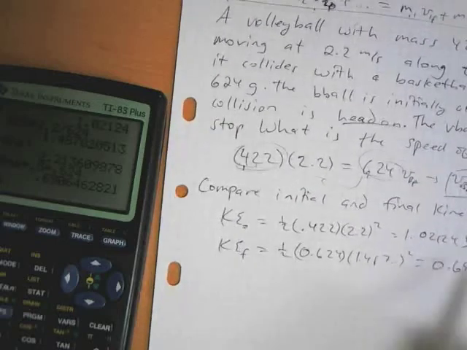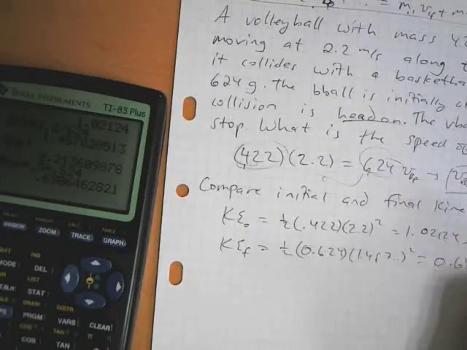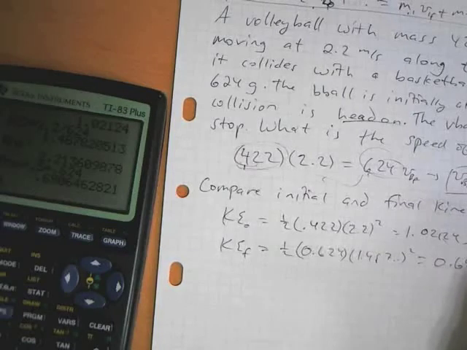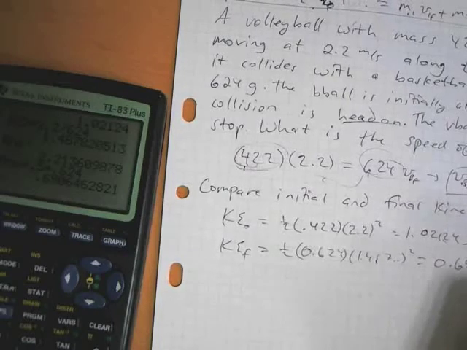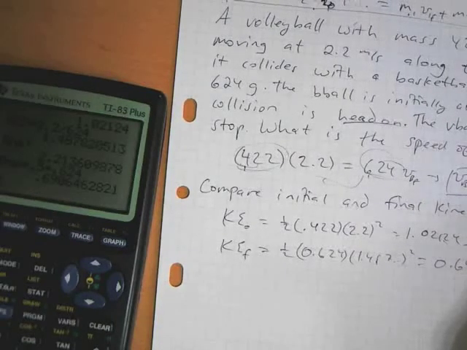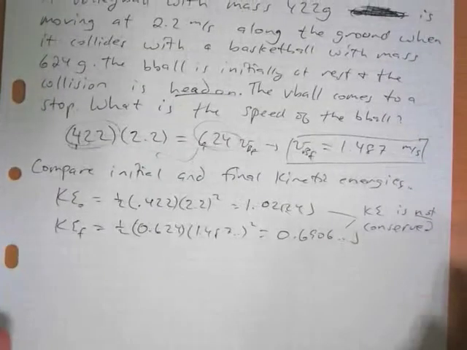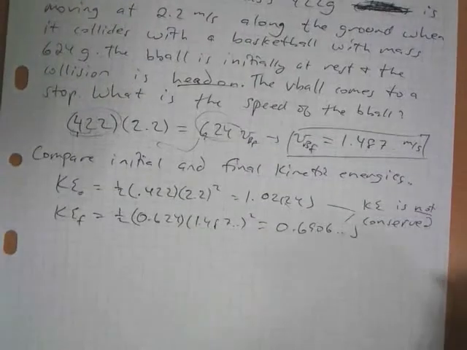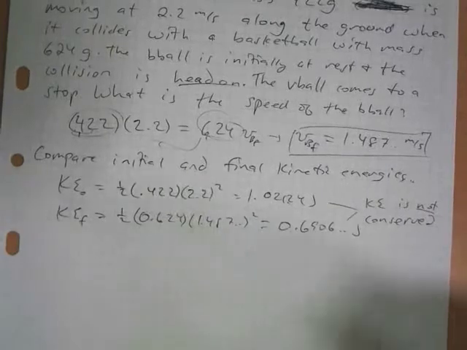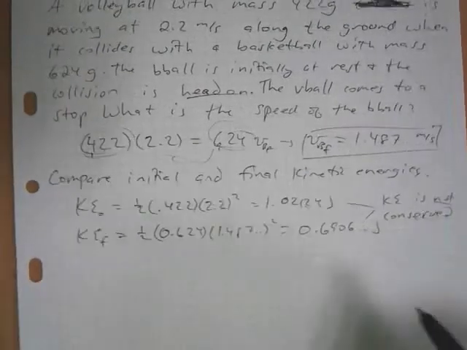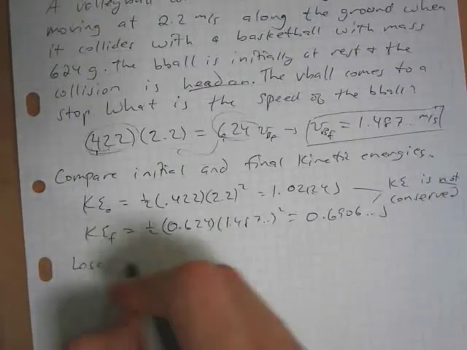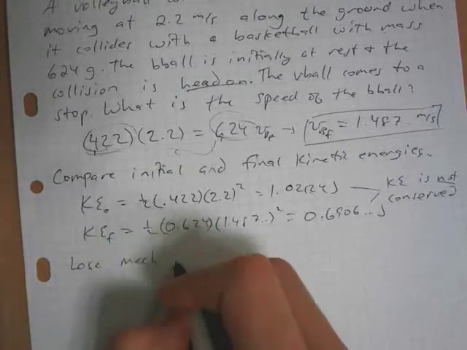So note that kinetic energy is not conserved. And in general, kinetic energy in a collision is not going to be conserved. You will lose kinetic energy. So you lose some mechanical energy.